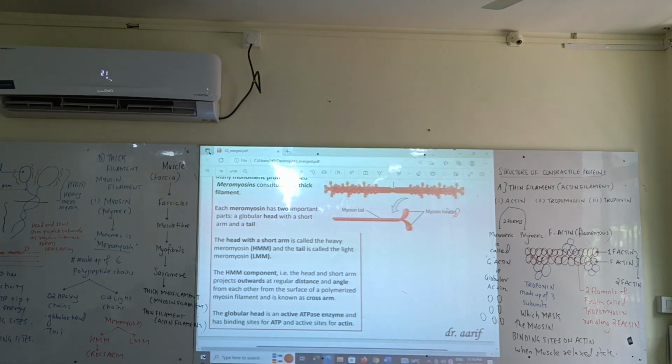Actin binding sites. तो हेड के बारे में कितनी खूबी आपने याद रखी? पहली वाली कौन सी कि उसके पास कौन सी एक्टिविटी है? मतलब वो एटीपी को ब्रेक कर सकता है और रिलीज करता है energy. दूसरी साइड कौन सी बच्चों बोलो? Actin binding sites. Any problem in your life बच्चों?